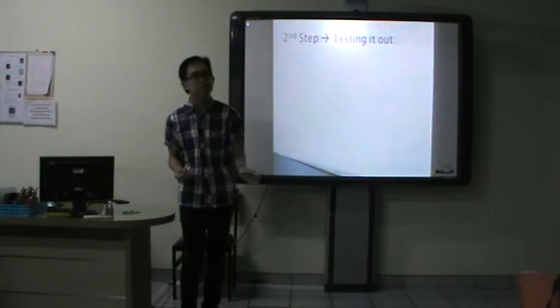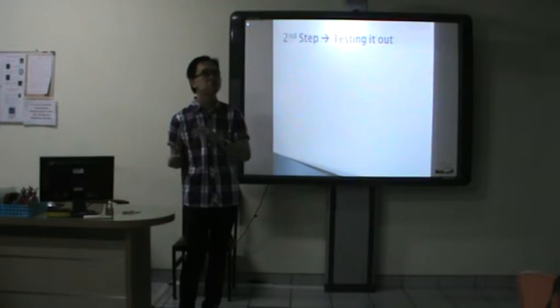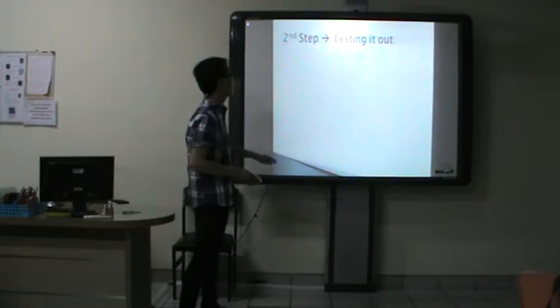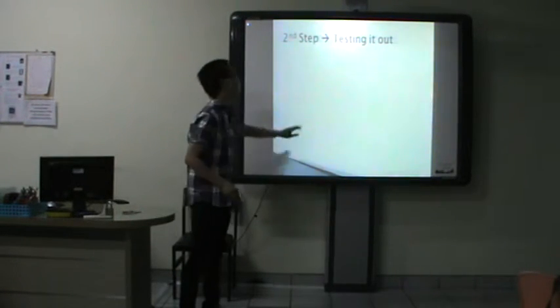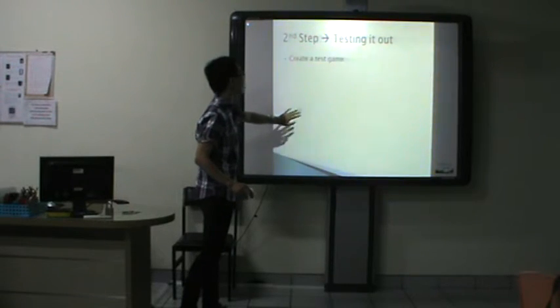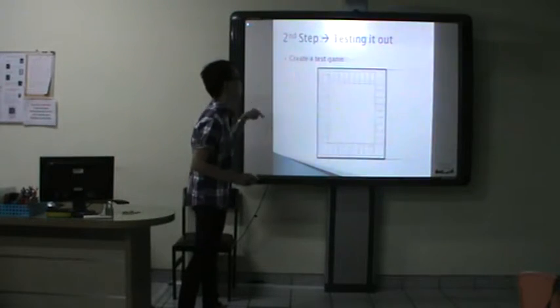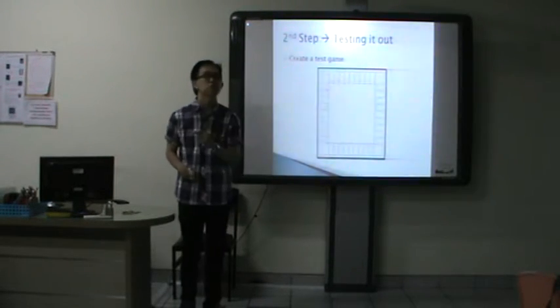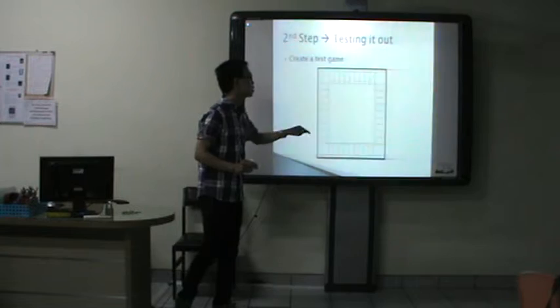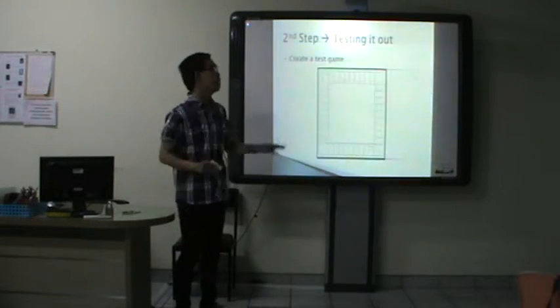Okay, the second step is, after you design your board game, let's test it out. Like create a test game, you can first make a sketch of your game. Here I use a Monopoly sketch for the example.